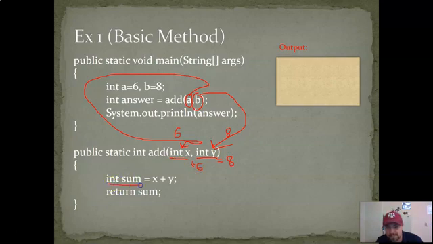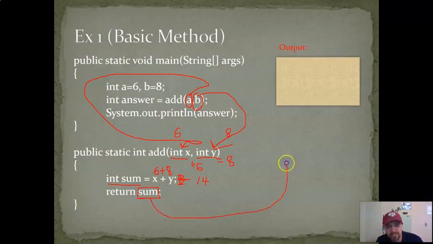So when we do int sum equals 6 plus 8, which is 14. I don't know what I'm writing. Let's just mark that out. 1, 4. So 14. So then sum is 14. We are not returning sum.